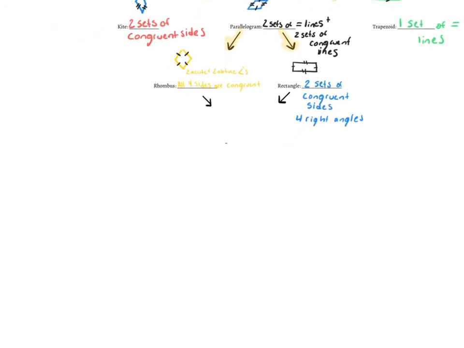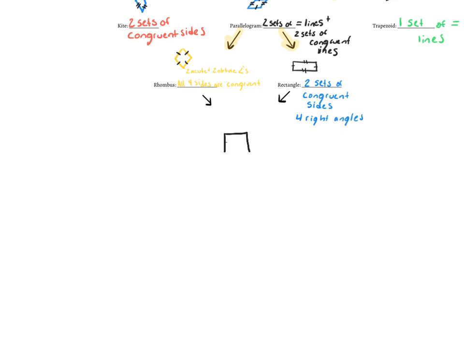Now, our last one down here is a square. Remember, with a square, all 4 sides, 4 congruent sides, just like a rhombus, and 4 right angles.